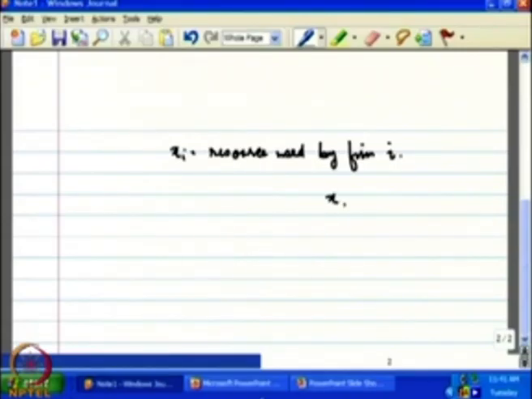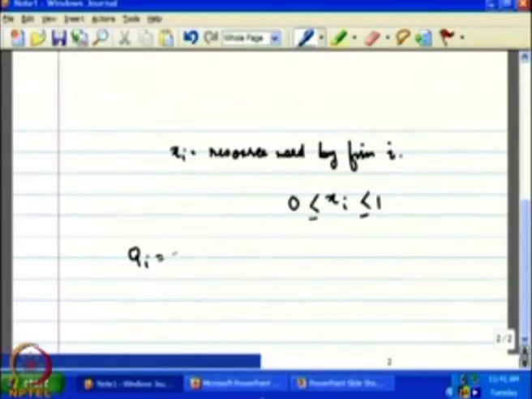So xi can vary between 0 and 1. This is a natural resource, which means that the total amount of resource available in the entire economy is denoted by 1.